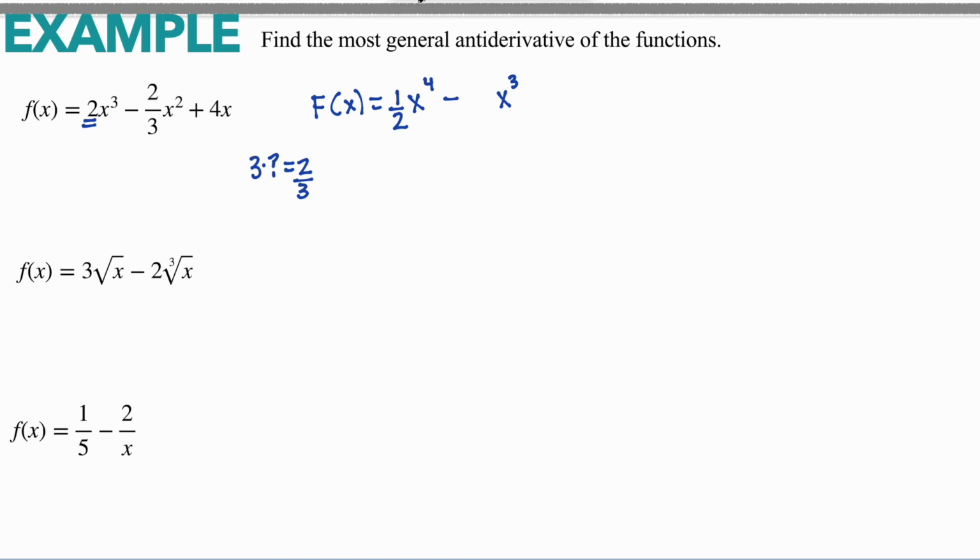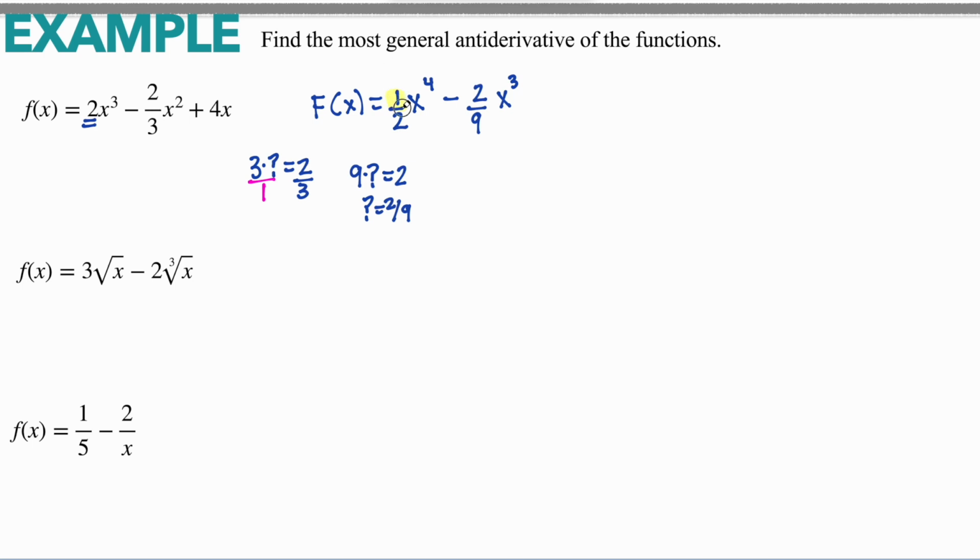If you think of cross multiplying, 3 times 3 is 9 times my number equals 2, which means I now divide by 9, which means I get 2/9. Now let's take the derivative and make sure it works. 3 times 2/9 gives me 2/3. Yes, it worked. Okay.